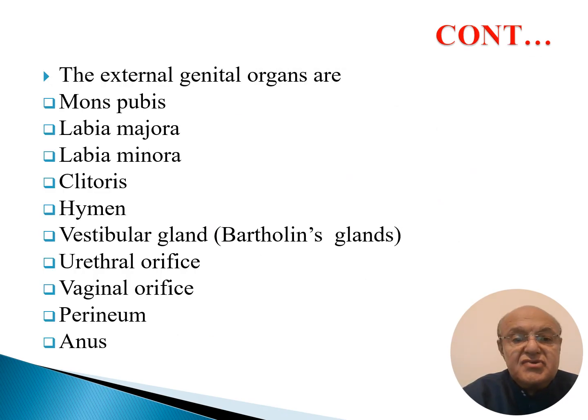And the external genital organs are the mons pubis, above the symphysis pubis, labia majora and labia minora, clitoris, hymen, vestibular glands, Bartholin glands that secrete mucus to lubricate the vagina, urethral orifice, vaginal orifice, perineum, and anus.